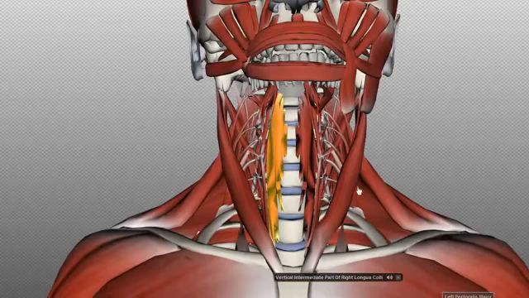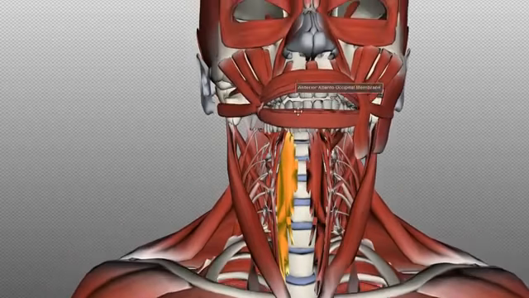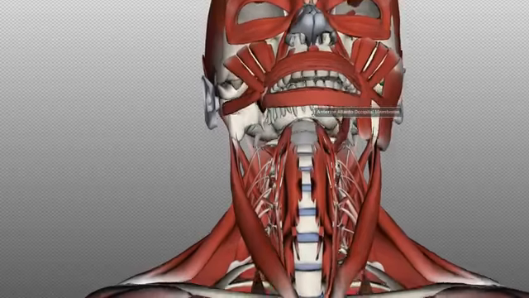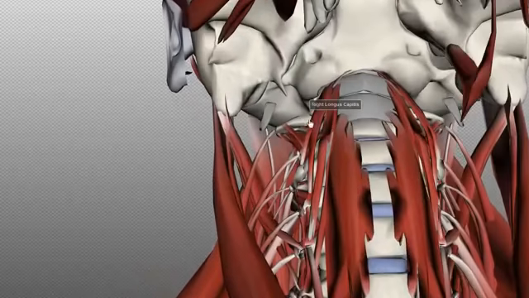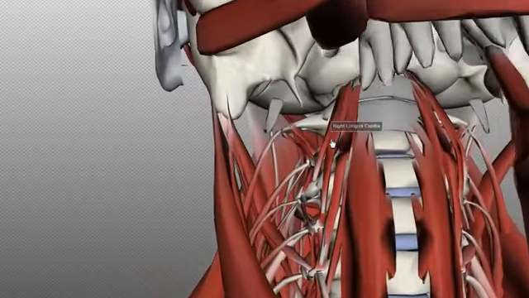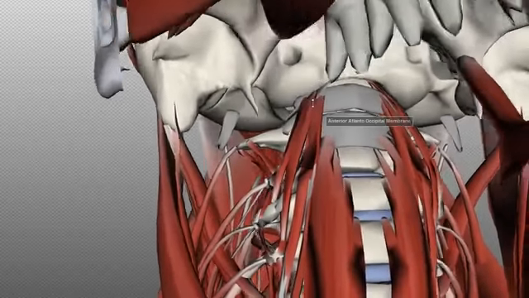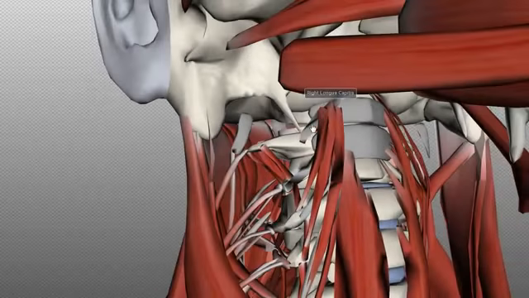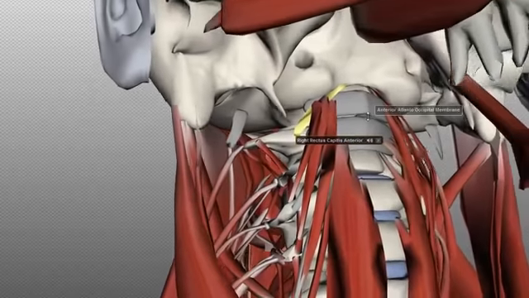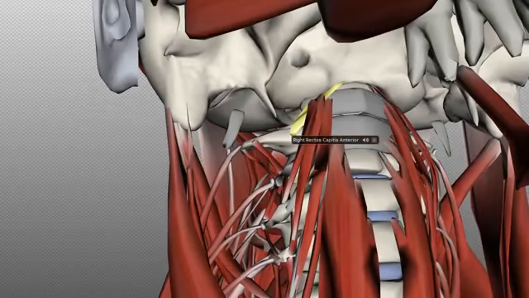And then next you've got the rectus capitis muscles. So these muscles, I'll try and get a good view of them. So it's this muscle here. So you've got the rectus capitis anterior, and you've got the rectus capitis lateralis.